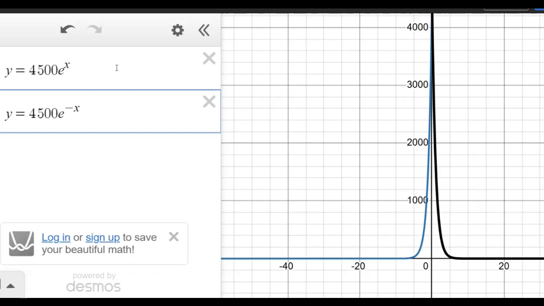Check it out. We changed the function's character from increasing to decreasing. That's all we did. And really what this is, it's 4,500 over e to the x. That's what that negative exponent does. So it hasn't changed anything else about the function, except that now it's basically mirrored across the y-axis. Same intercept, only now it's decreasing.